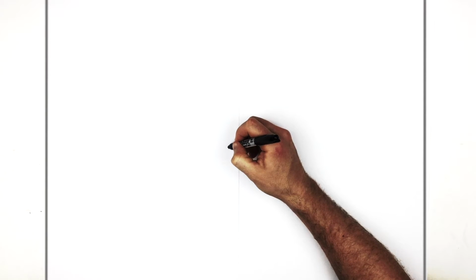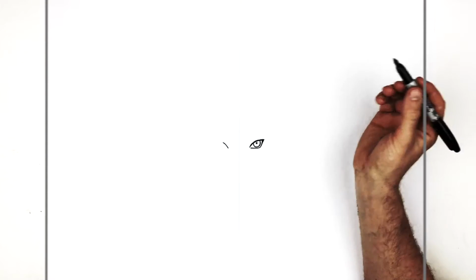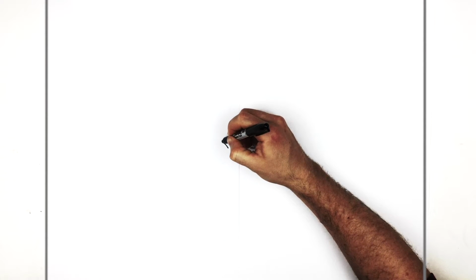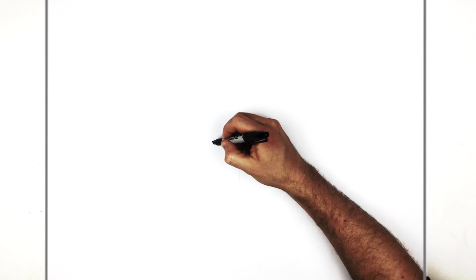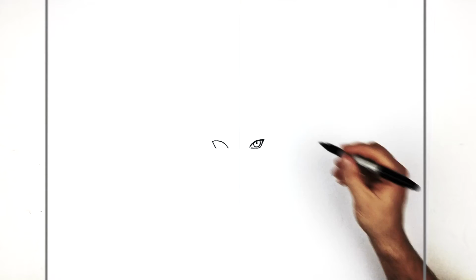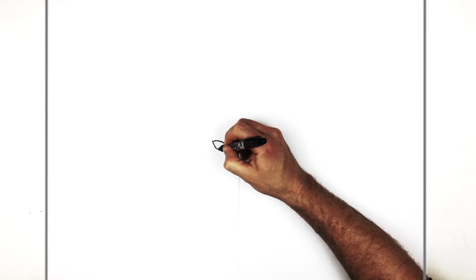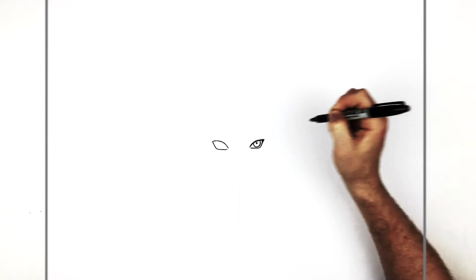So we go over and start the next eye just over here, so curve it up like so, over this way, and then down the back just here, and then this will come under the other side just into there.